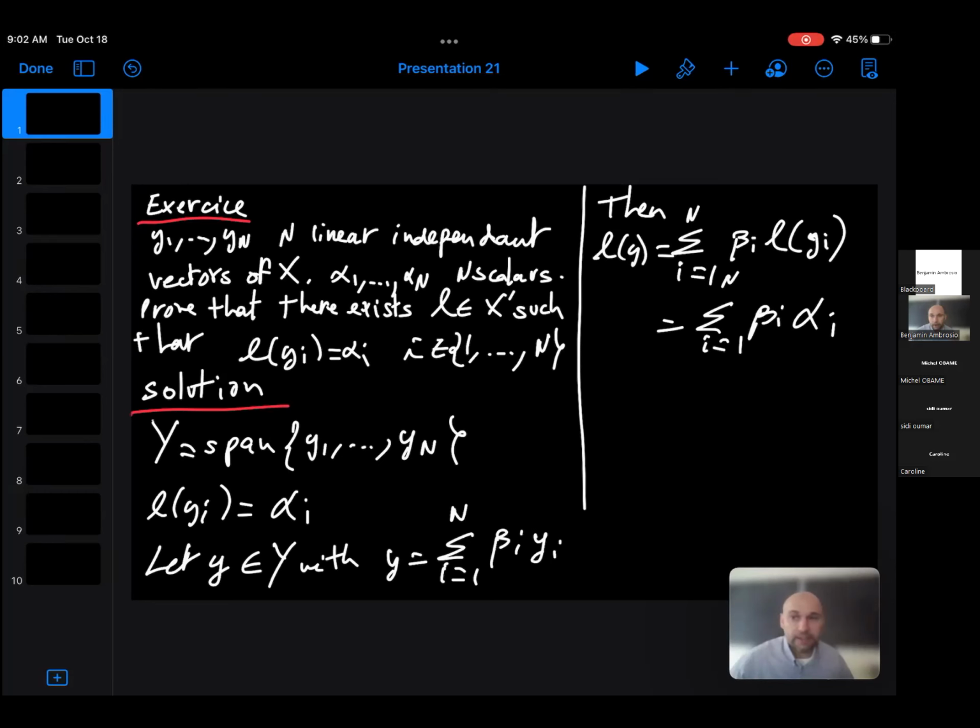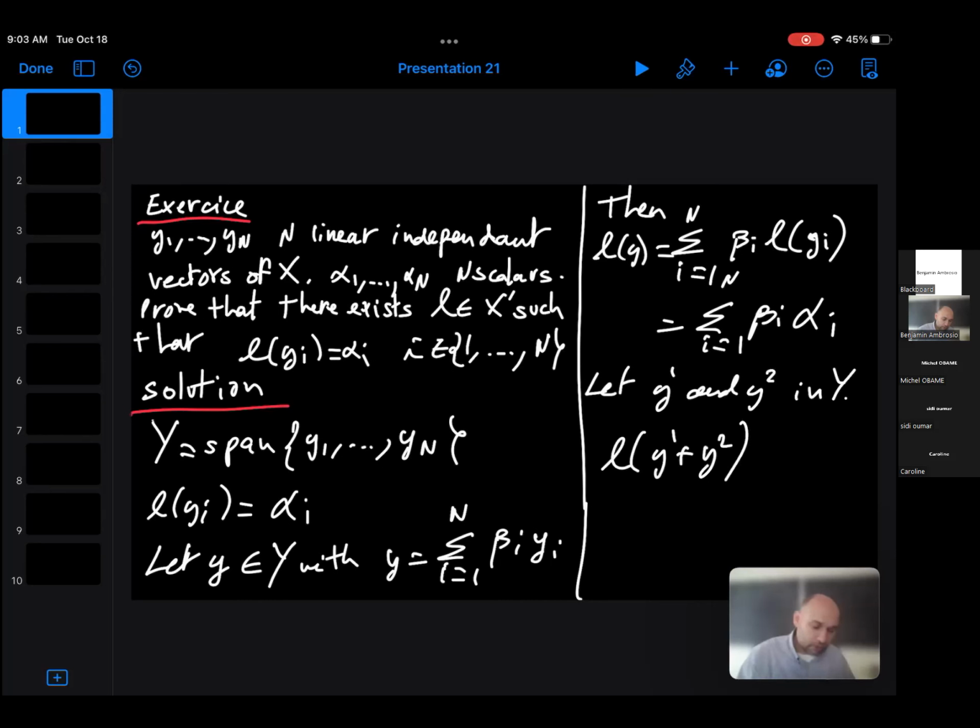So L is linear on Y, right? Can you prove that L is linear on Y? Let's do it. For example, let y1 and y2 be in Y. I'm looking at L of y1 plus y2. I will write it on the basis.